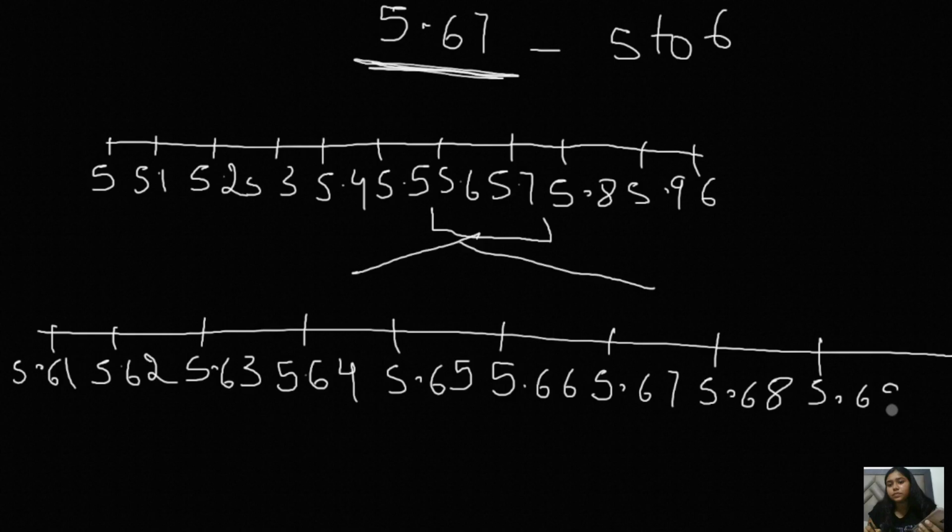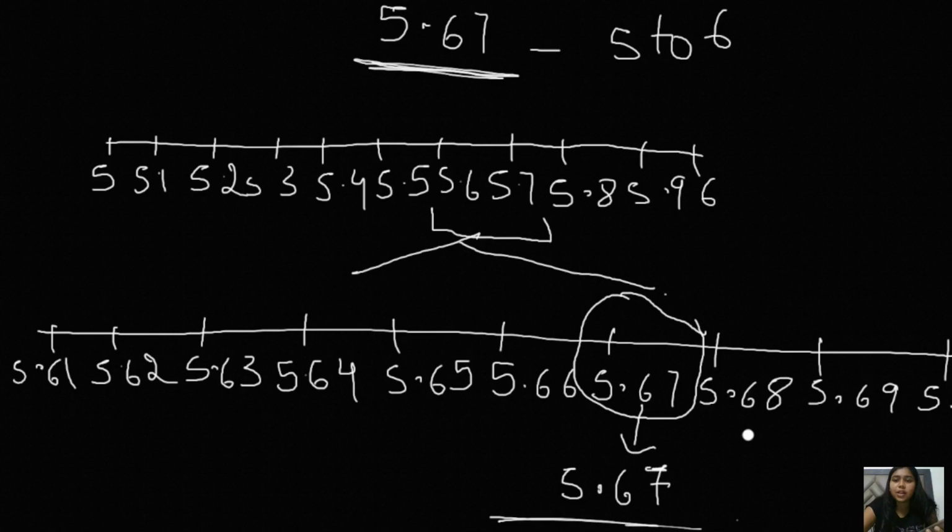So basically this is the point illustrating 5.67. You will have to mark this point on the number line, and this is how you can easily draw the number line for the decimal expansion. This method is more importantly known as the successive magnification method of drawing the number line.